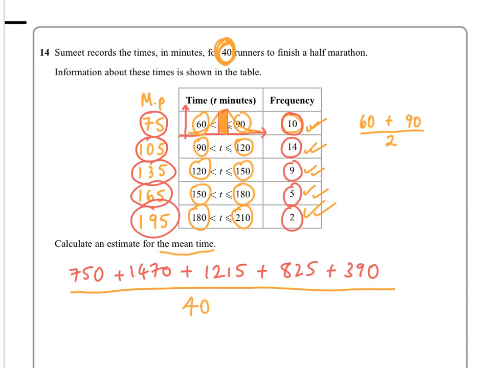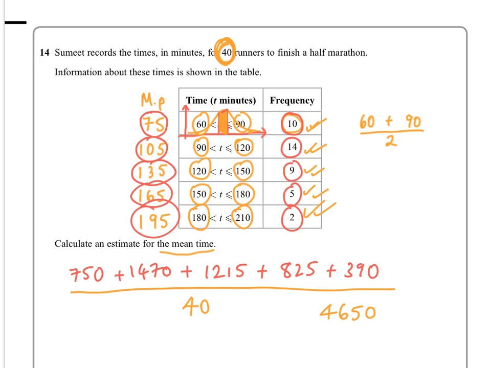So let's do that calculation. 750 plus 1470 plus 1215 plus 825 plus 390. I would not divide by 40 just yet. I'd write down what I thought the calculator told me, just in case I made a mistake.